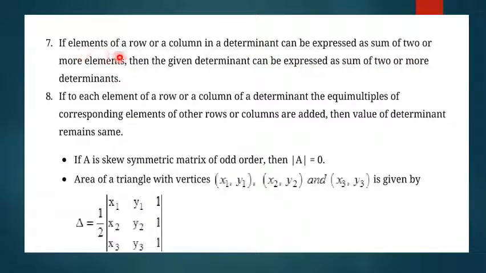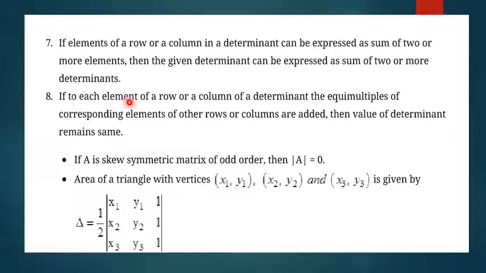Means elements of any one row or any one column, if they can be expressed as a sum of two or more elements, then we can split them up and write two determinants separately. This you will understand when we solve the sums of this step. I will remind you of this property 7.